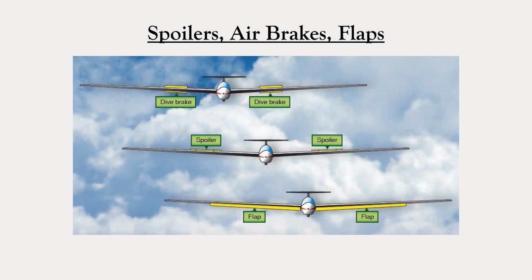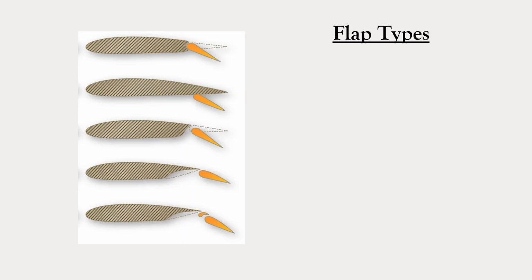Some gliders have flaps that can deflect in the opposite direction. They actually tip up at the back of the wing, and those are used at higher speed. There's a number of different types of flaps. The most common is this top picture, which is called a plain flap.